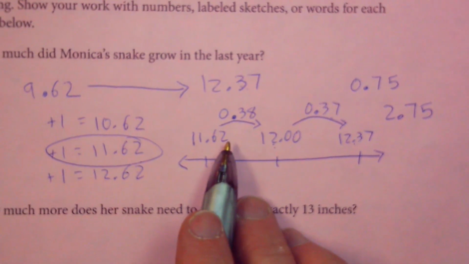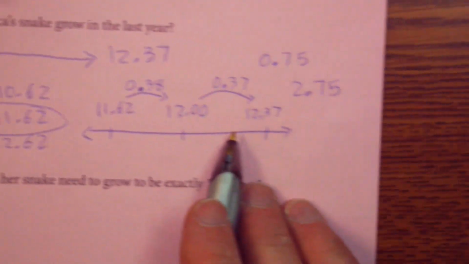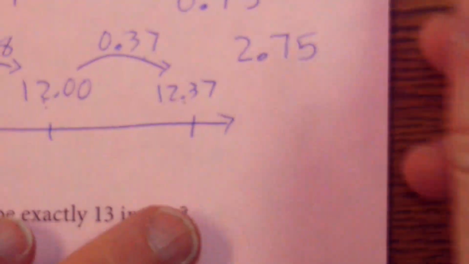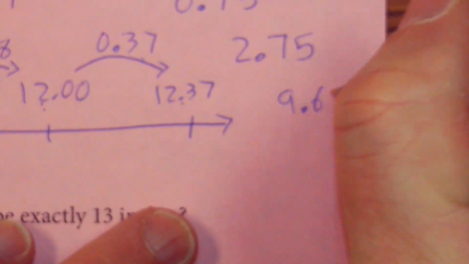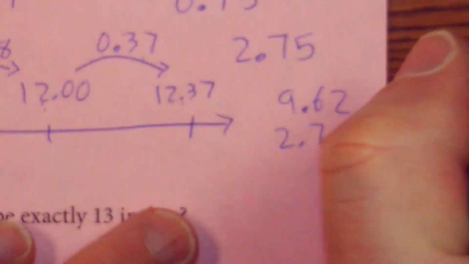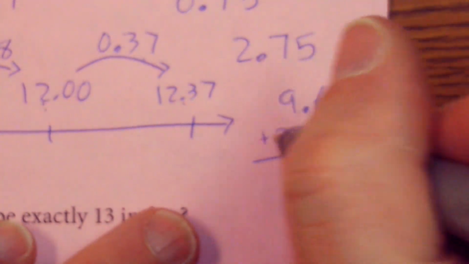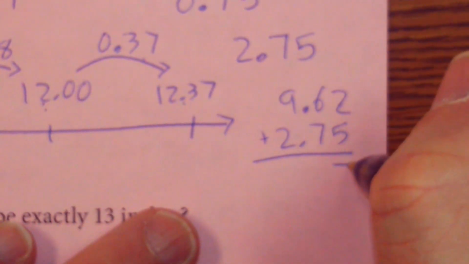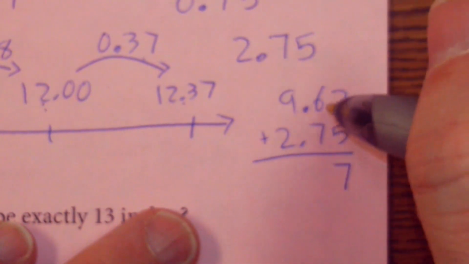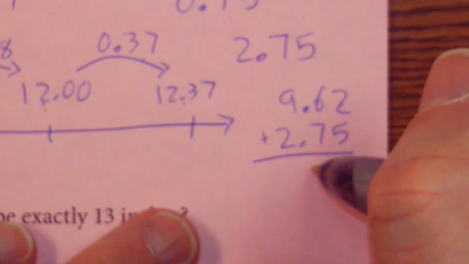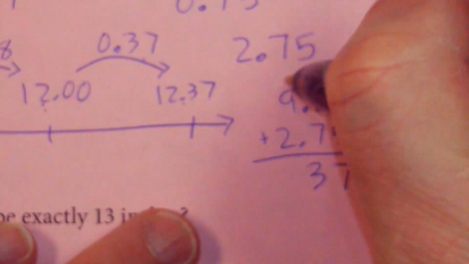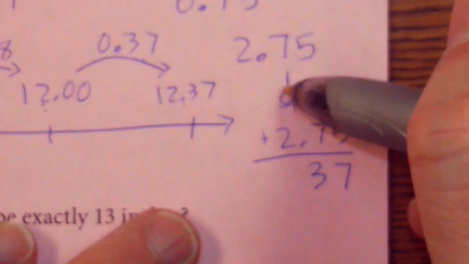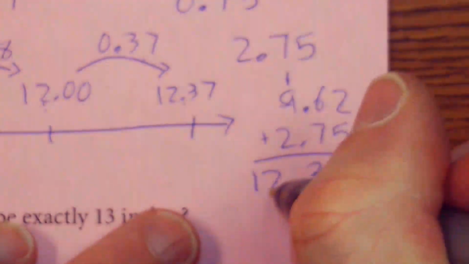If you are unsure about your answer, we could technically stack and add. We don't do this very often in 4th grade, but let's try it. I'm going to take my answer down a little closer so that you can see it. So I'm going to take the 9.62, and I'm going to put the 2.75 underneath, and we're going to check our work. 5 plus 2 is what? 7. 6 plus 7 is what? 13, carry the 1. 9 plus 1 plus 2 is 12.